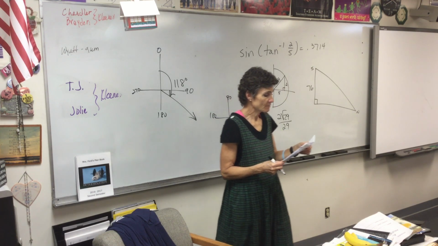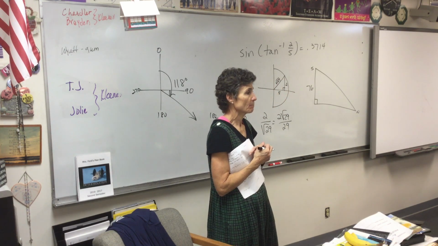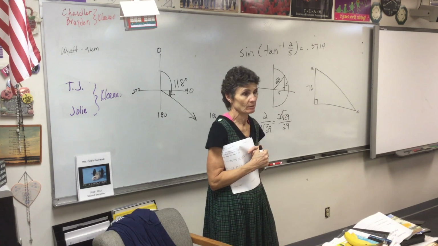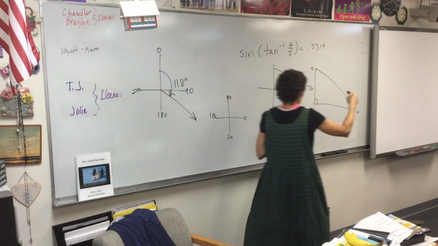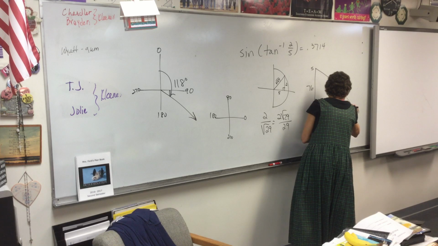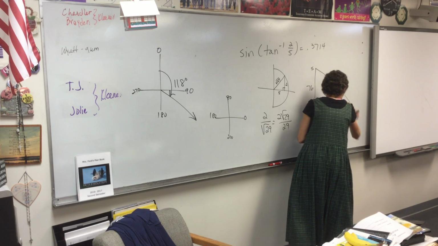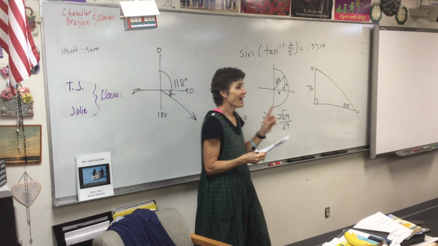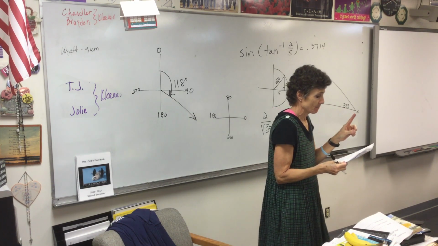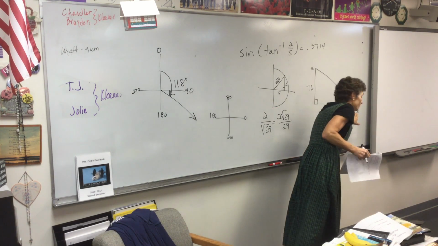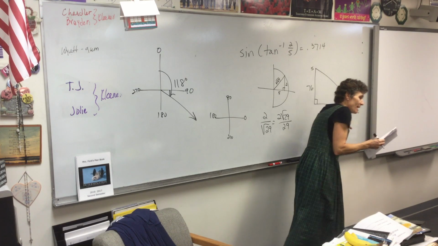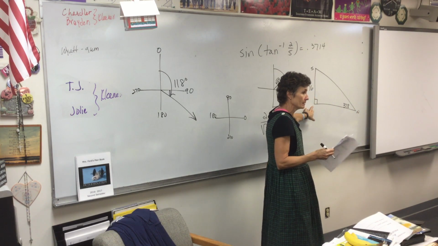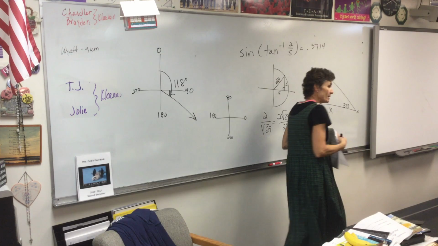His angle of depression is 37.8. Where are we putting those angles? In the corner, bottom right corner. In the corner. That's 37.8 degrees. Find the distance from the nut to the base of the tree. So this is X, right?